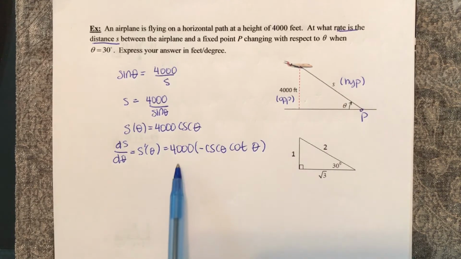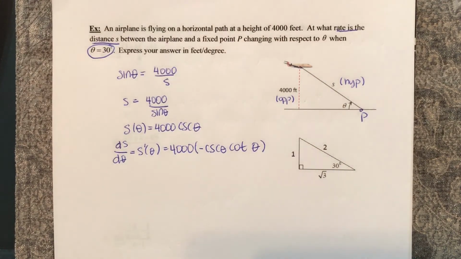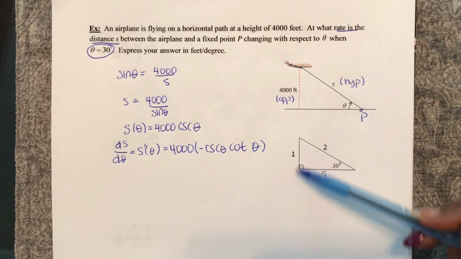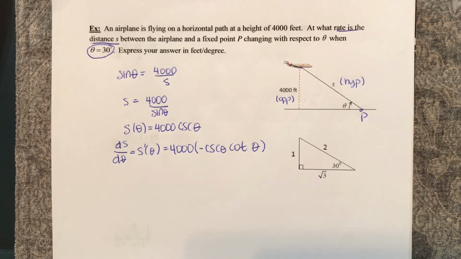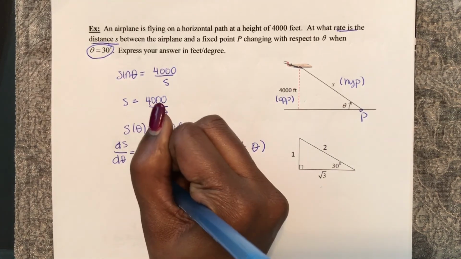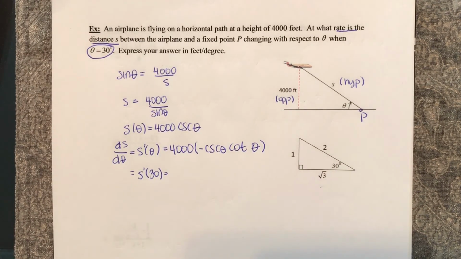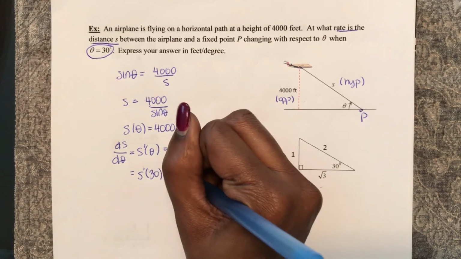So now I need to actually figure out what this is when theta is 30 degrees. I've provided this special right triangle here for you. Ultimately, you should know these ratios in your mind, or have sine and cosine of 30, 60 and 45 memorized, whatever works for you. So S prime of 30, or the derivative with respect to theta at 30 degrees, is 4,000.